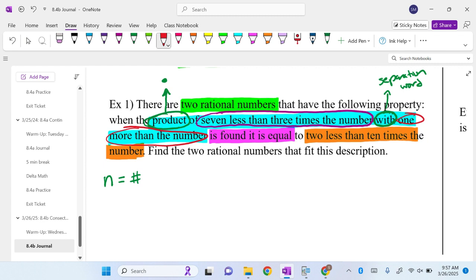So let's look at the first expression, 7 less than 3 times the number. What's the first word I should key into in that one statement? Than. You need to key into than. What does that mean we start with?